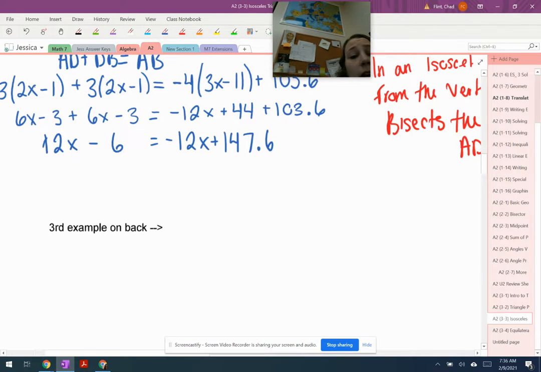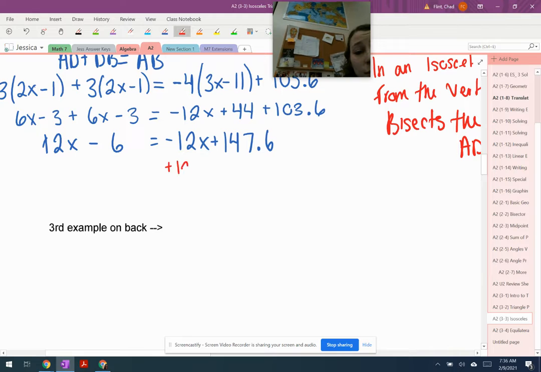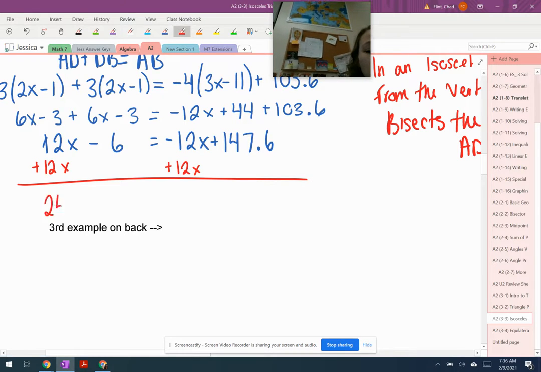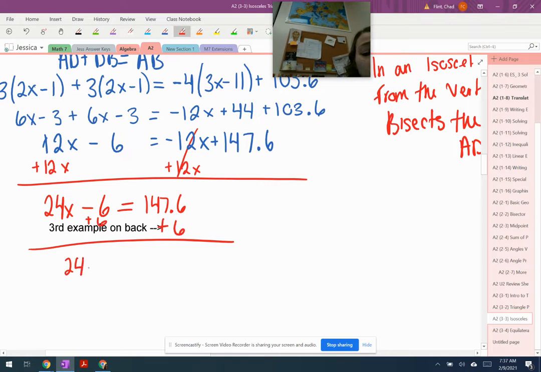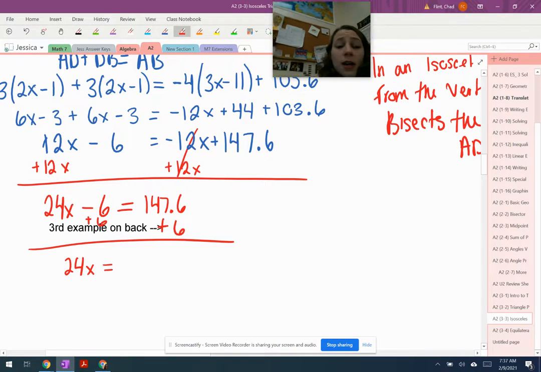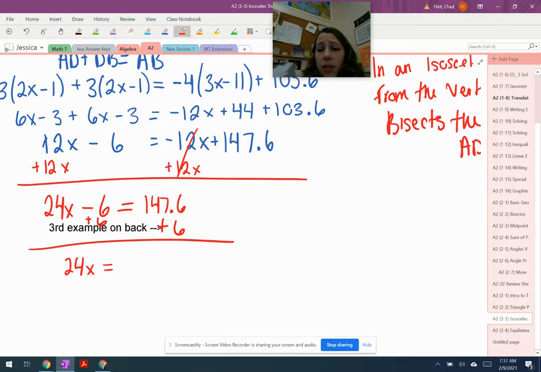And we're getting there. Go ahead, add that 12x to both sides so you can get all the x's on one side. 24x minus 6 is equal to 147.6. Plus 6 to both sides, skipping over the fact that we do have a third example on the back. I don't want to do math in my head anymore. So 147.6 plus 6, and let's just backtrack for a second, make sure that I actually added that right the first time, and I did.